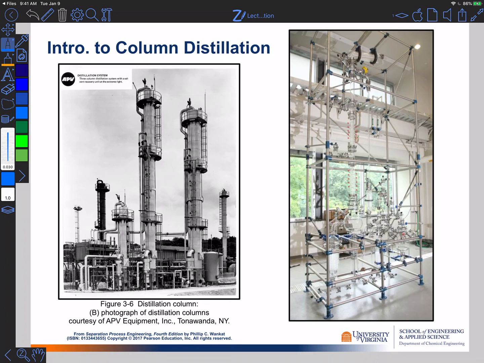You'll get a chance to learn a little bit more firsthand about distillation in the third year lab. We have a big glass distillation column that's shown in the picture here on the right that is used to separate methanol and water. And then, of course, anyone who's driven past a chemical plant is used to seeing the big, tall, skinny towers. Those are often distillation columns, maybe a little bit like the one shown here on the left.